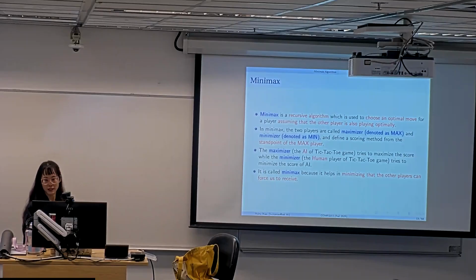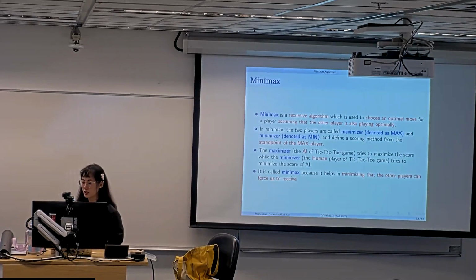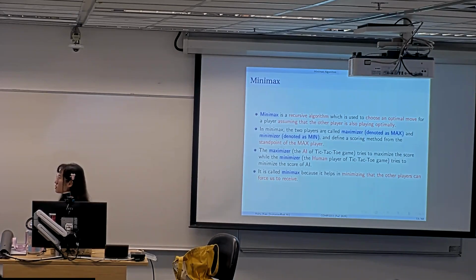Of course, these are not only names. The two names already indicate how the two players will play the game. By the name, we know that the Max player is trying to maximize something, and the Min player will minimize something.